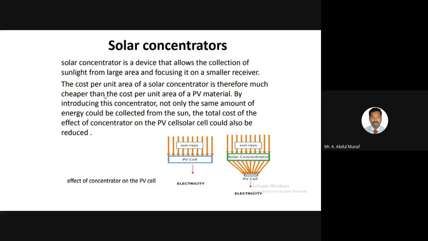By introducing this concentrator, not only the same amount of energy could be collected from the sun, the total cost of the PV solar cell could also be reduced. இங்க பாருங்க காஸ்ட் நமக்கு ரெடியூஸ் ஆகுது, but we are getting the same amount of efficiency.